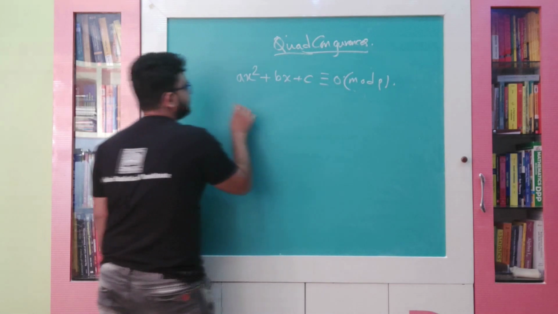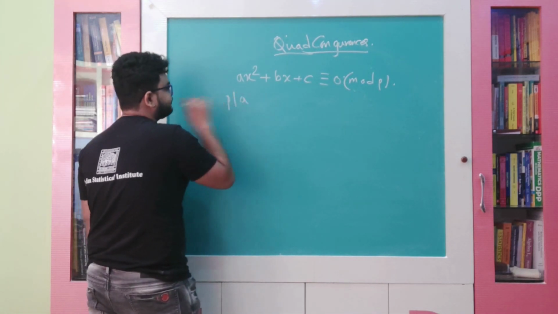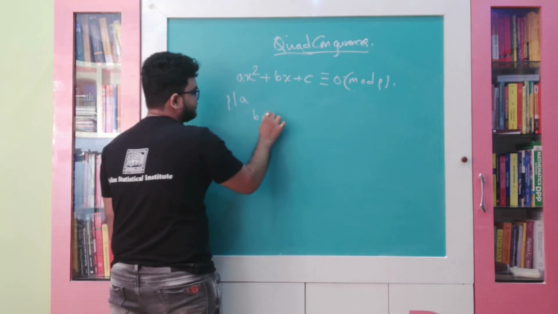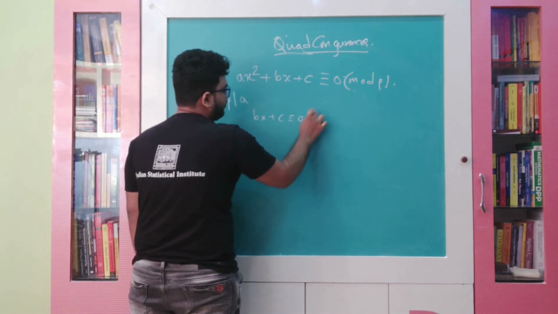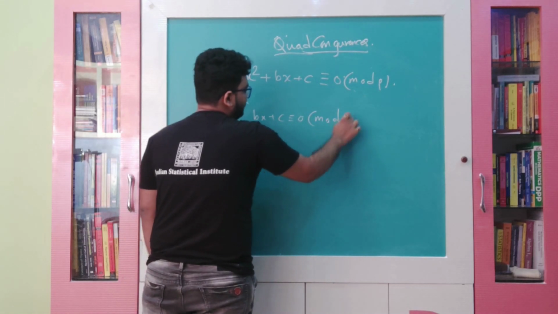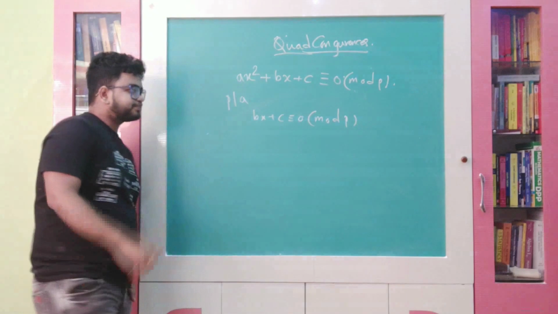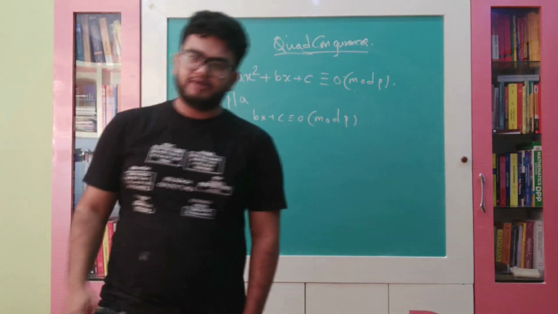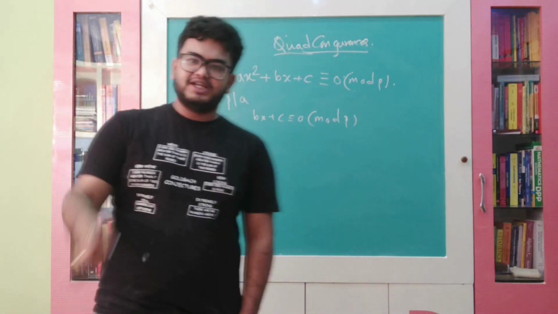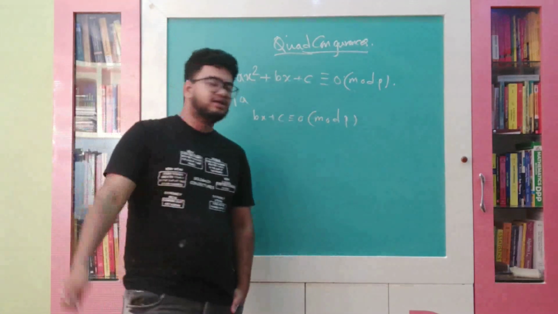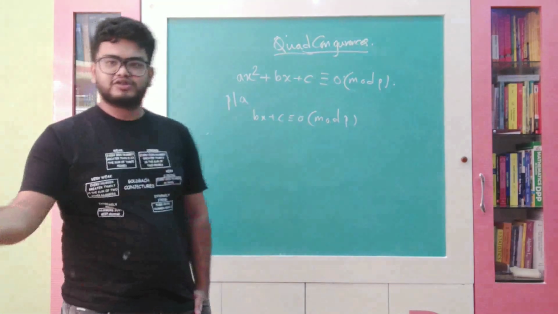If p divides a, then bx plus c is congruent to 0 mod p, and this can be solved as a linear congruence, which we saw in our previous video.